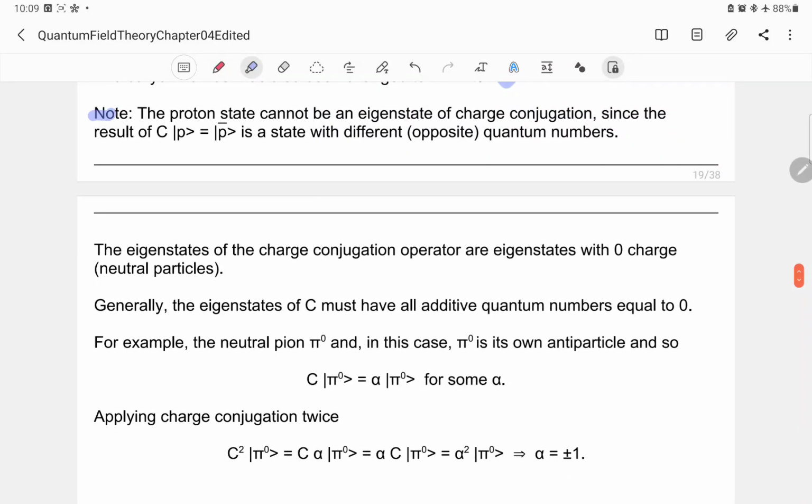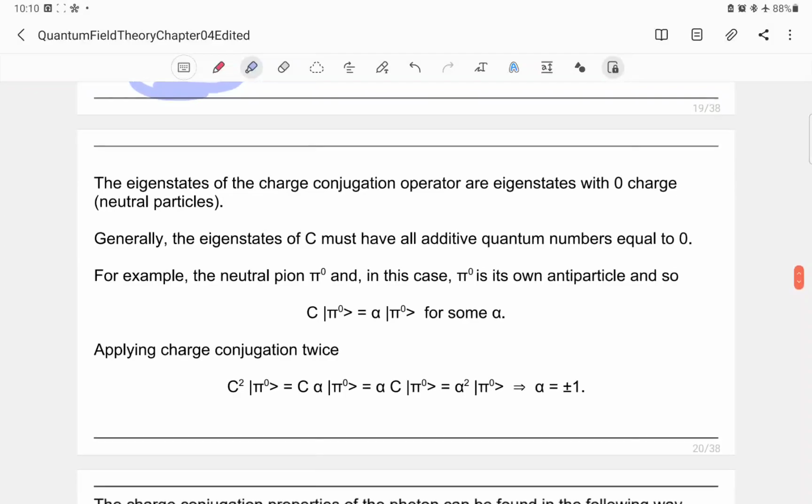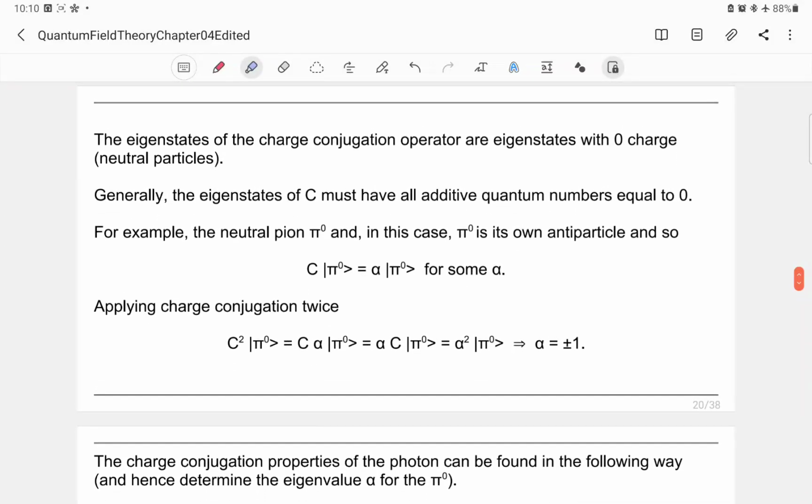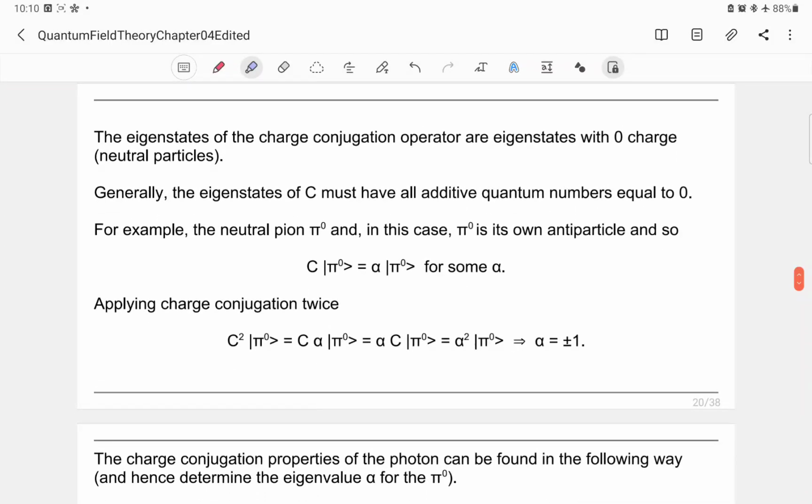The proton state cannot be an eigenstate of charge conjugation, since the result of this operation is a state with different or opposite quantum numbers. This is also important: the eigenstates of the charge conjugation operator are eigenstates with zero charge, neutral particles.